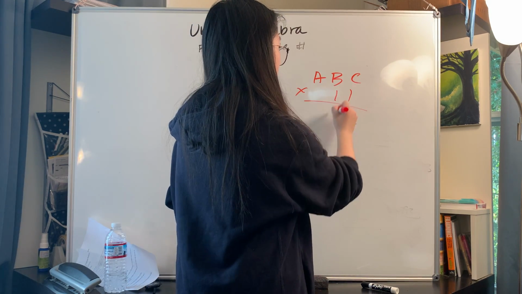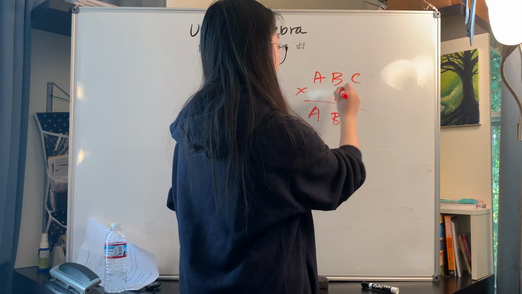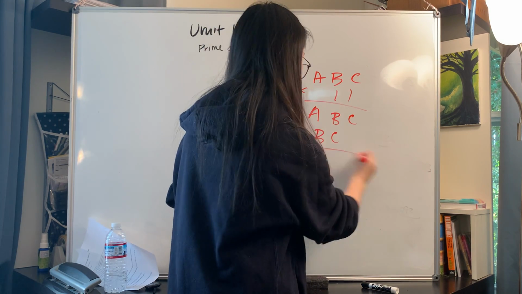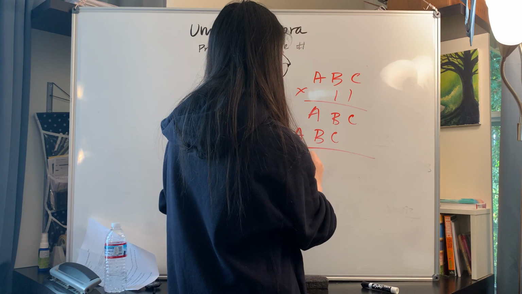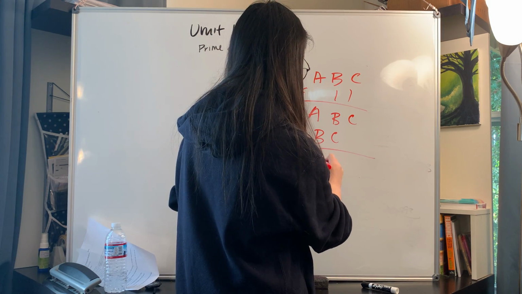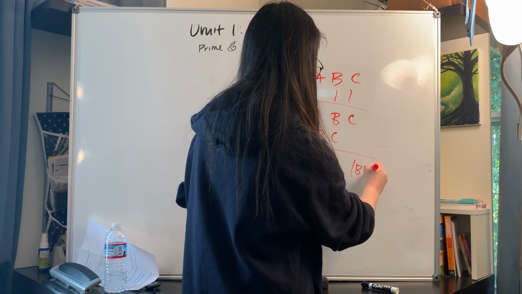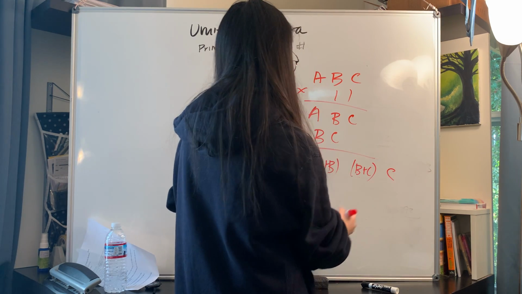We would have C, B, A, C, B, A. So you would get something that looks like this. The first digit is A, the second digit is A plus B, the third digit is B plus C, and the last digit is C.